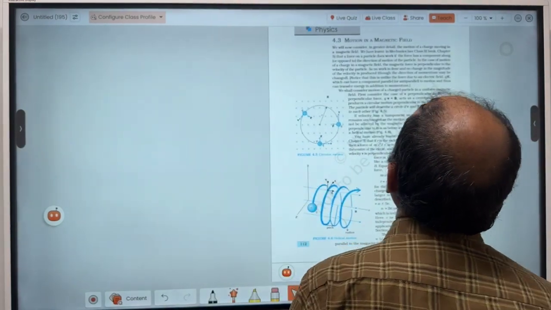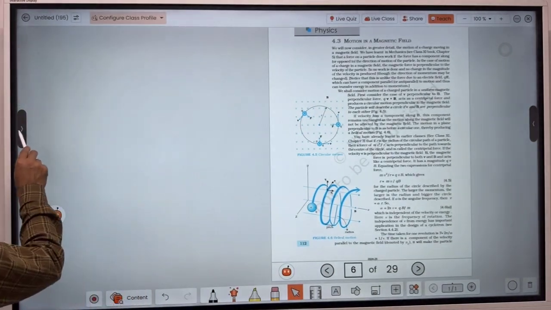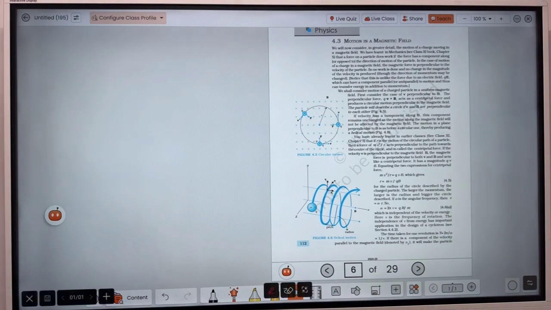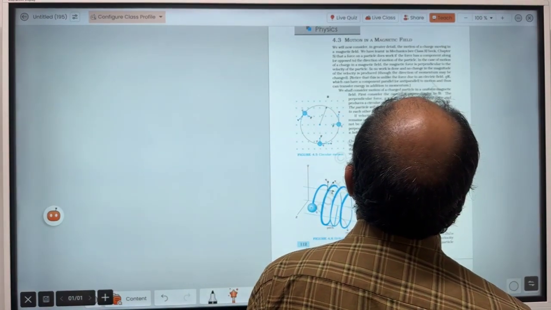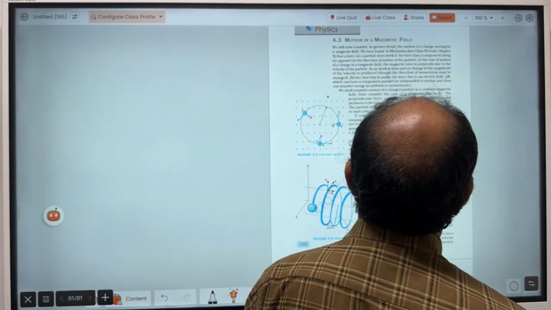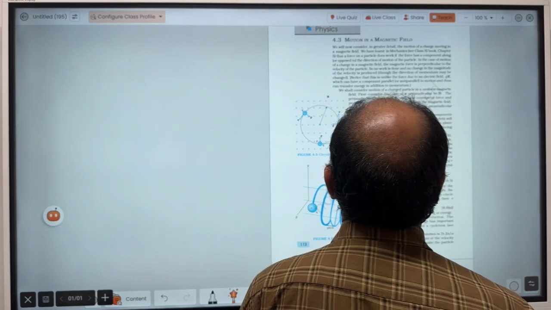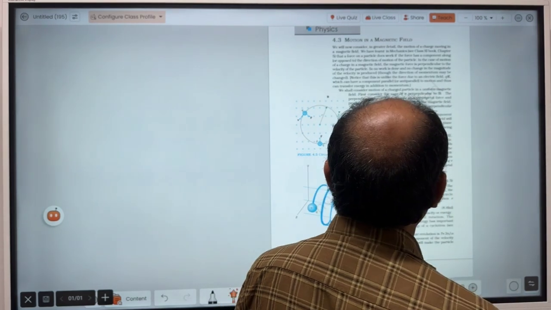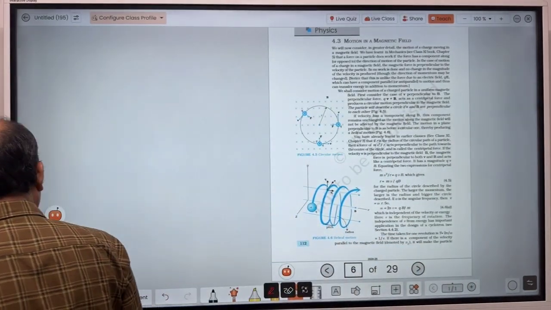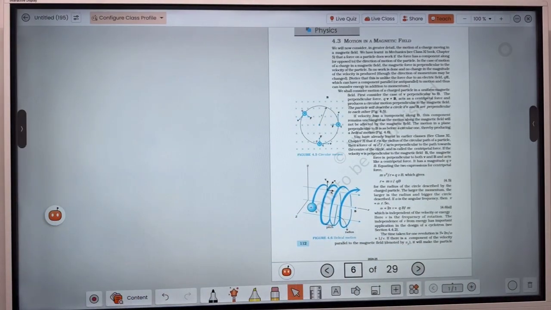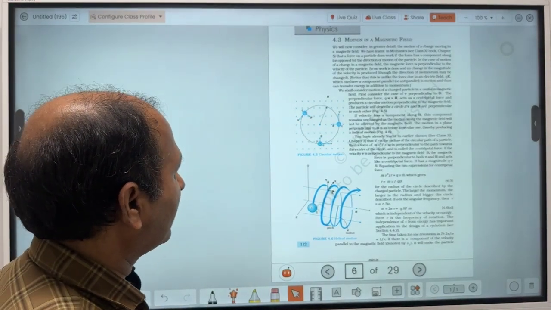so now we are going to see the next aspect. The next thing is motion in a magnetic field. If there is a charged particle moving in a magnetic field, and the field is perpendicular to its direction, in that case a force called centripetal force, mv square upon r, will act, which will take the charged particle in a circular path.